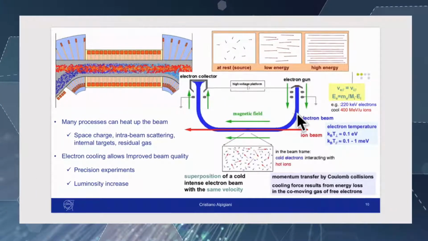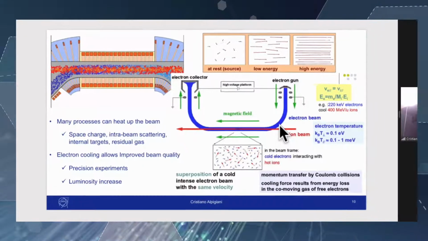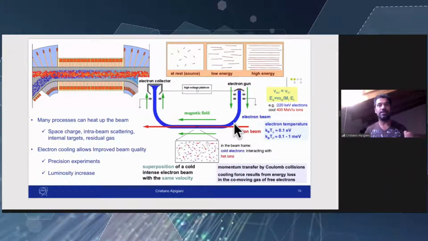Now, the magnetic field is tuned enough to bend the trajectory of the electrons without affecting the trajectory of the antiprotons, which are much more massive than the electrons. So a beam of electrons is inserted here, the two beams mix, the electrons cool down the beam of antiprotons, and then they are extracted.